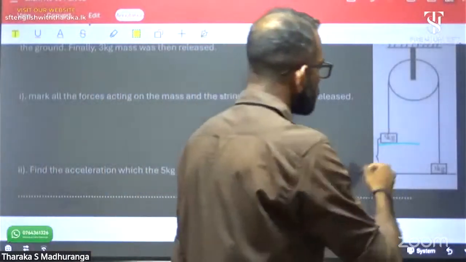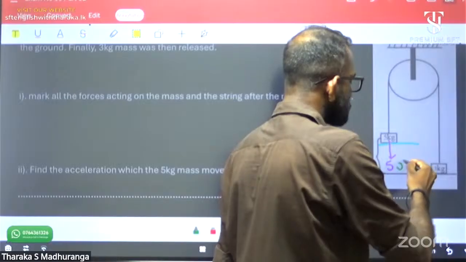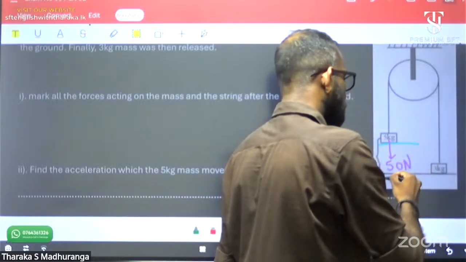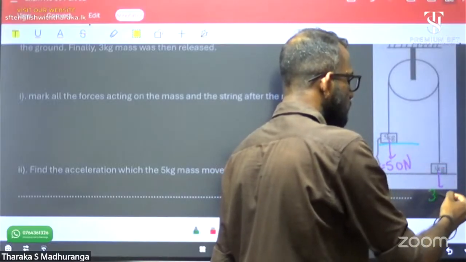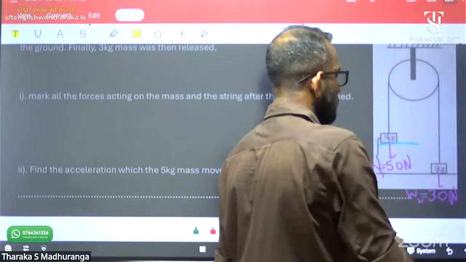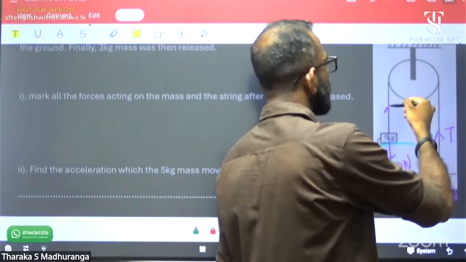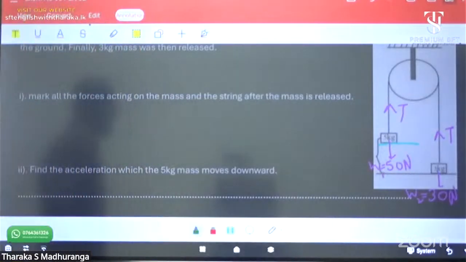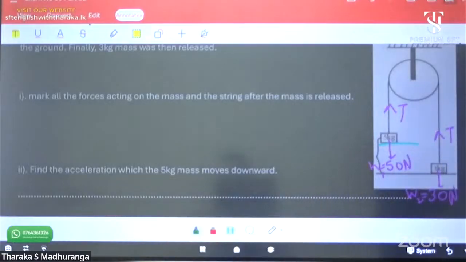Okay, the first one, 5 kilogram, there is a weight 50 Newton, W1. 3 kilogram, there is weight 30 Newton, W2. Then this is a tension on the string, and there is another tension on this string. Yeah, that's all forces.